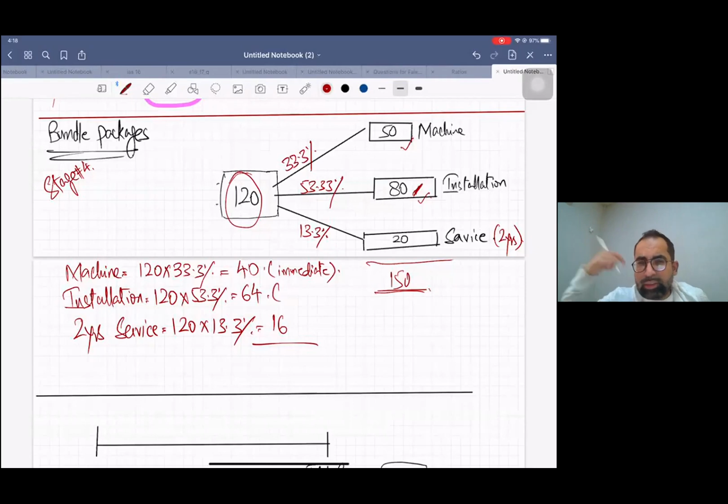Then installation is also done on the same day. Normally installation is also done on the same day, so again immediate. Installation revenue is also immediate, but for 2 years service you will provide overtime, so definitely the revenue of this 2 year service must be spread over 2 years, must be booked over 2 years.